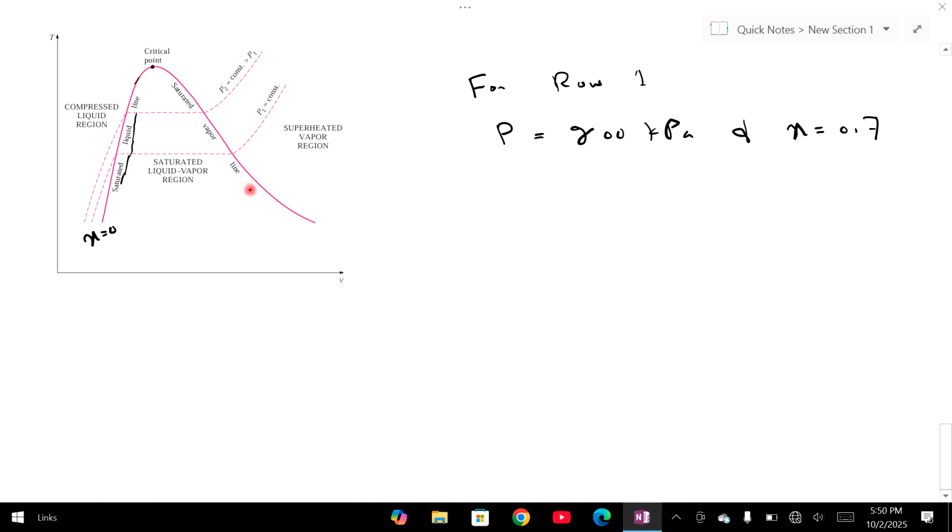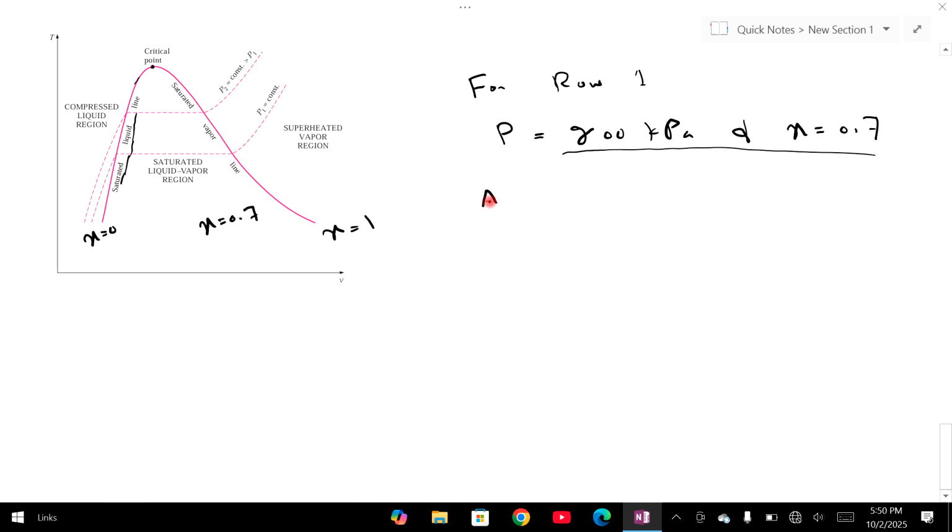On the saturated vapor line, dryness fraction is equal to 1. We are given that the dryness fraction is 0.7, between 0 and 1, so the point is in the saturated liquid-vapor region.